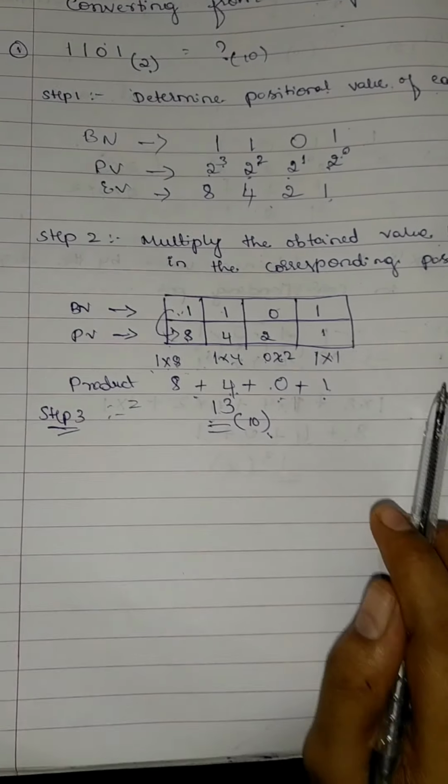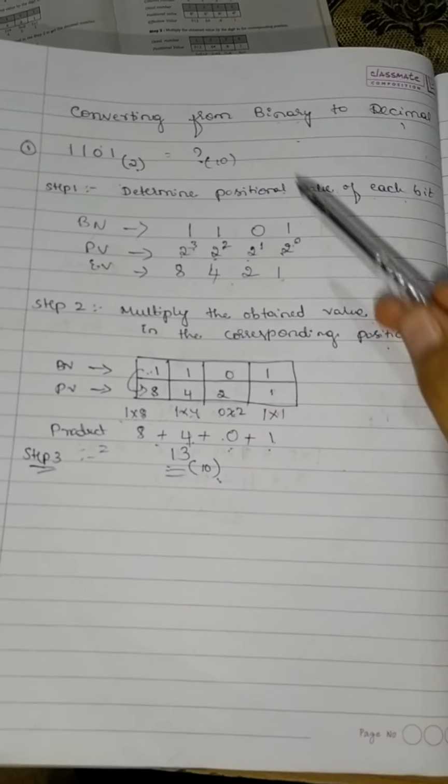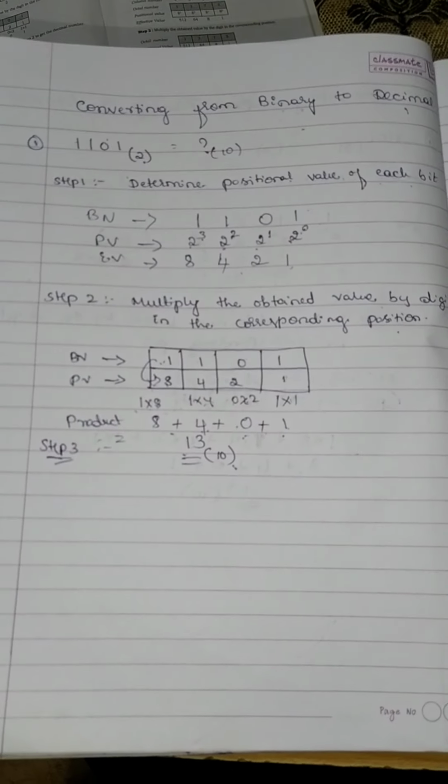In order to convert any binary number into decimal, these are the steps to be followed.